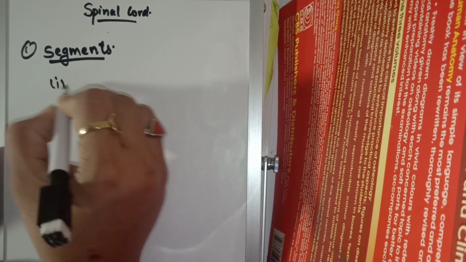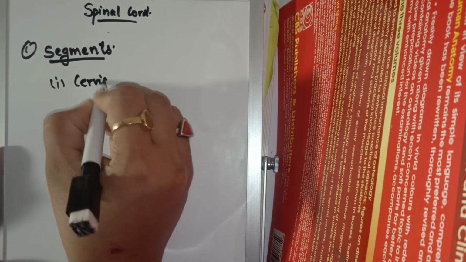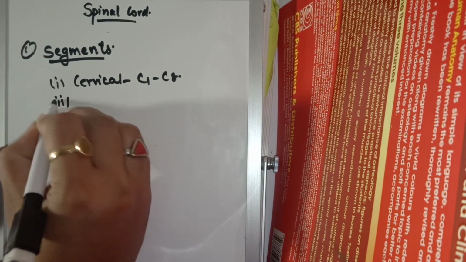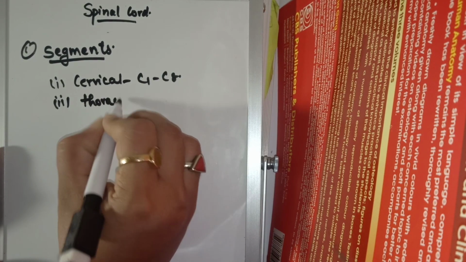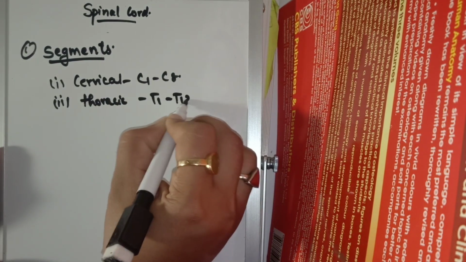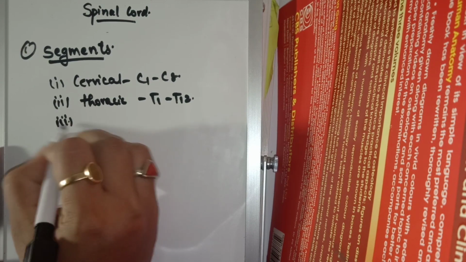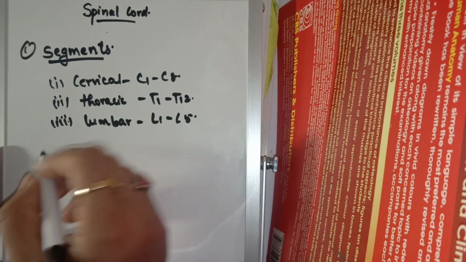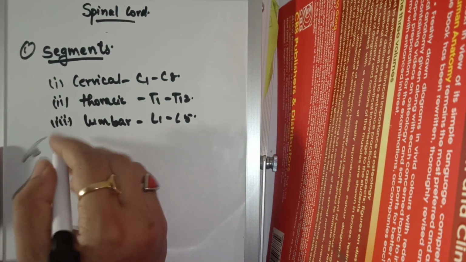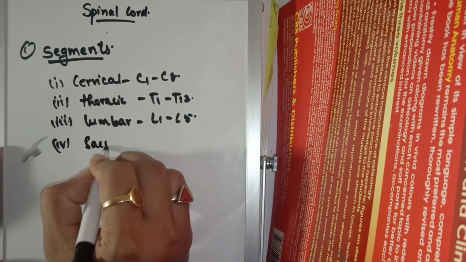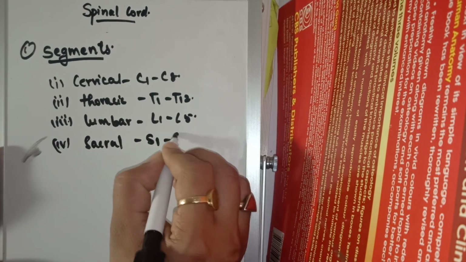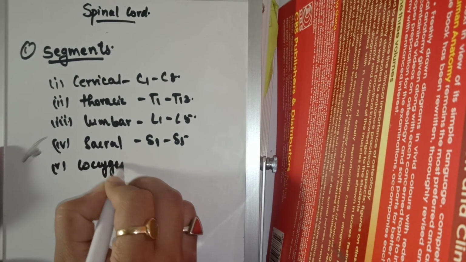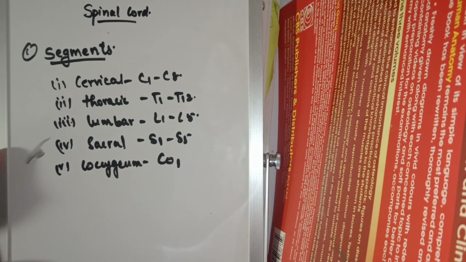The first is cervical, which is from C1 to C8, thoracic, T1 to T12, third one is lumbar, which is from lumbar 1 to lumbar 5, the fourth one is sacral, which is S1 to S5, and the fifth one is coccygeal, which is till CO1.